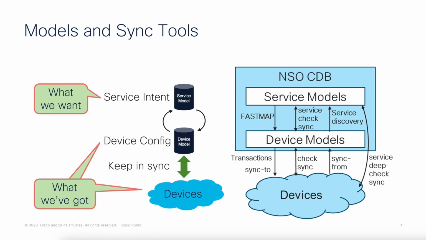There is a service model that abstracts services, and then there is a device model that actually represents devices. There is transformation code, usually referred to as FASTMAP in NSO terminology, implemented by the automation developer using templates and some code in either Java or Python.